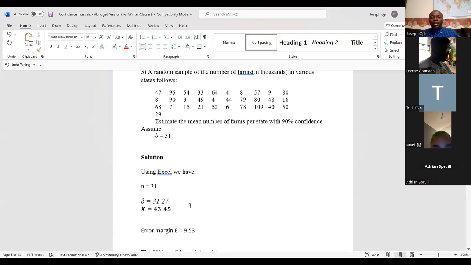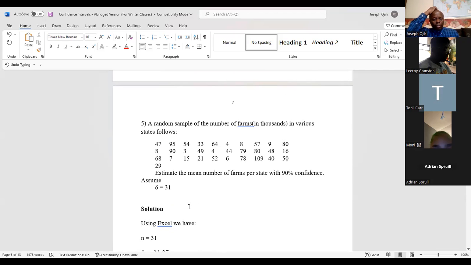Remember that this is about a random sample of the number of farms in the state. We were asked to estimate the mean number of farms per state with 90% confidence.